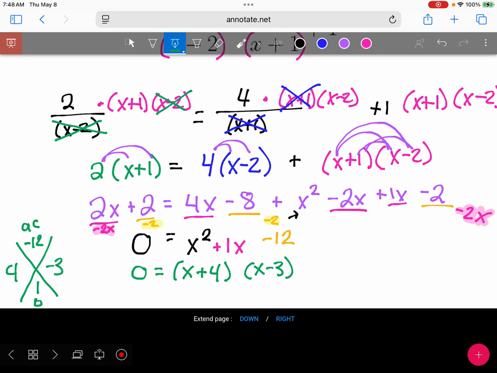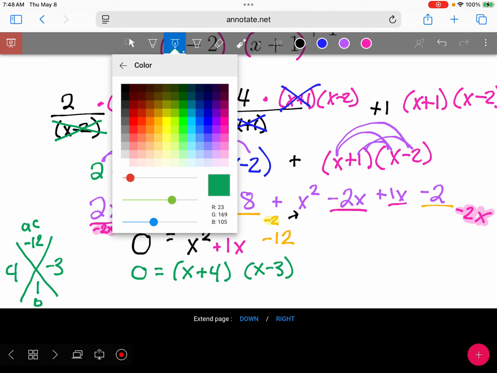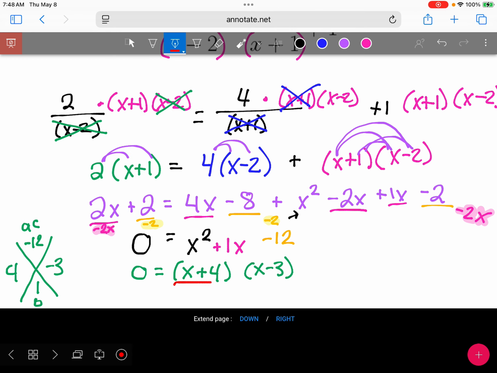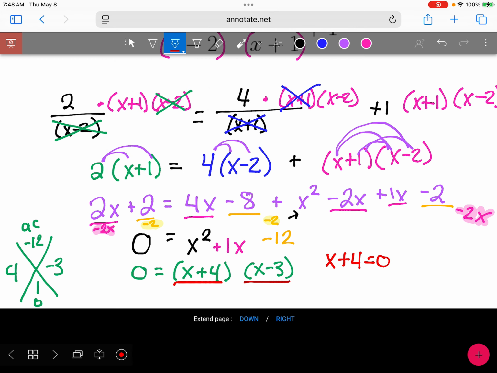So what are our solutions going to be? How do we figure out the solutions from there? We take each of the factors and set it equal to 0. So our x plus 4 equals 0, and we're going to do our x minus 3 equals 0.